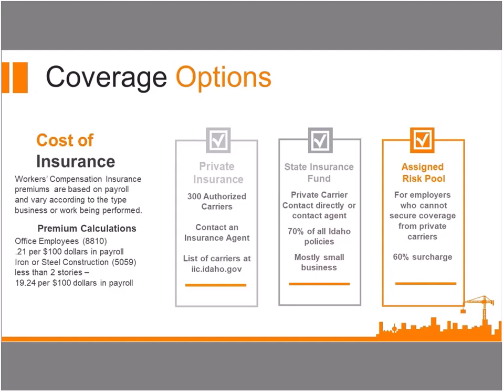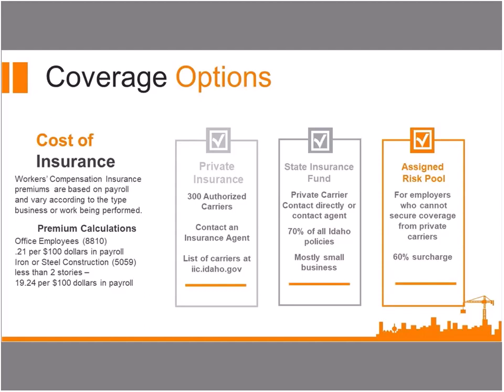But as I mentioned, you can obtain work comp coverage through any of the 300 plus authorized carriers able to write policies in Idaho. Just contact any insurance agent, and that list of carriers is located on our website, iic.idaho.gov.